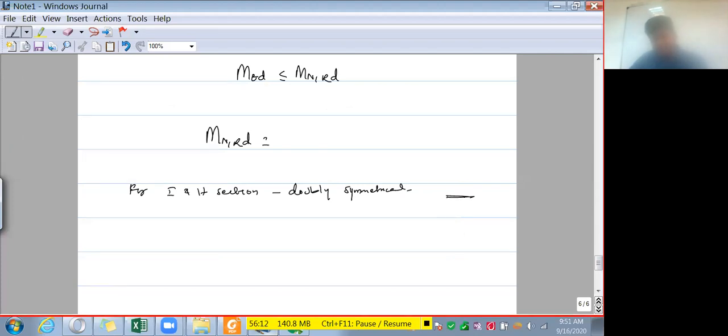This is the I section, this is the y-axis.